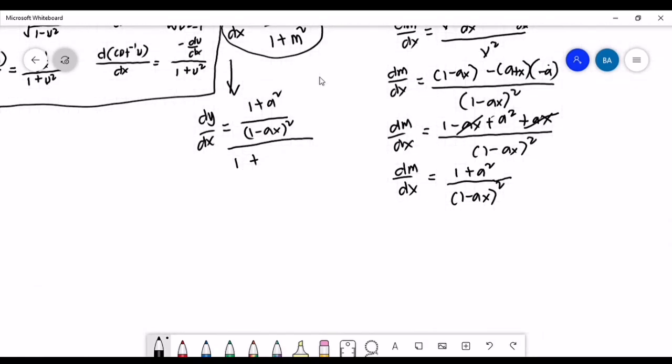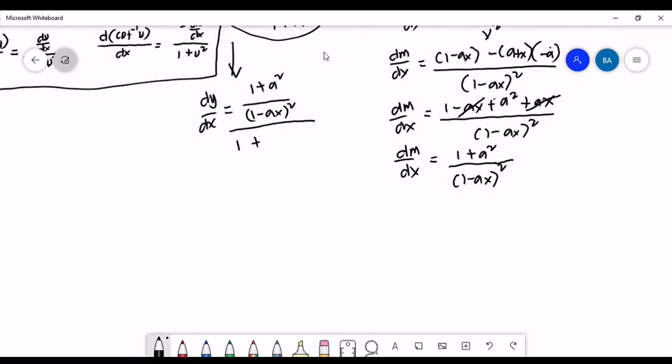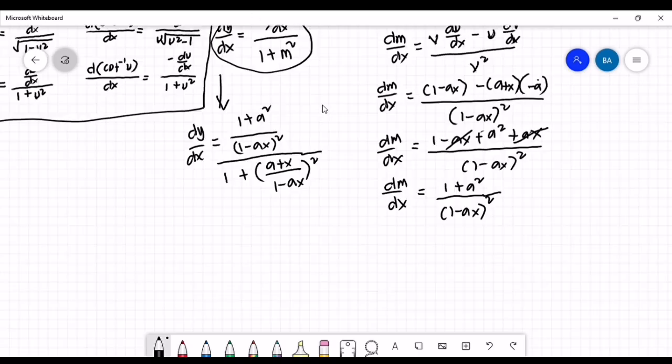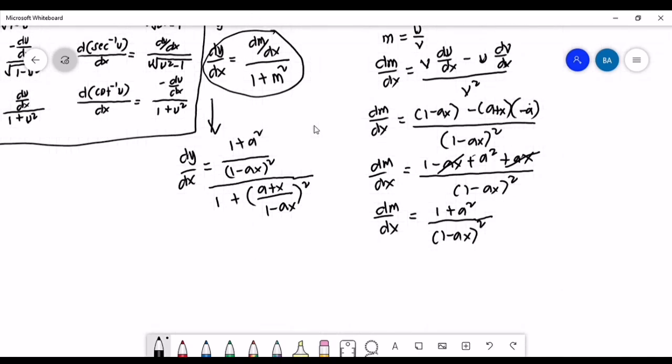Okay, so our m is equal to (a plus x) divided by (1 minus ax), squared. So at this point, let's simplify this one.